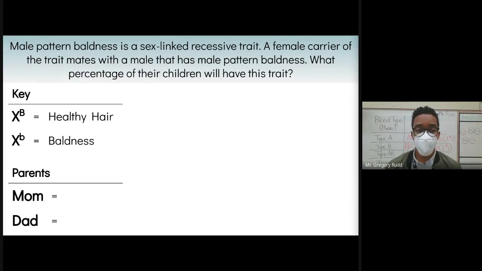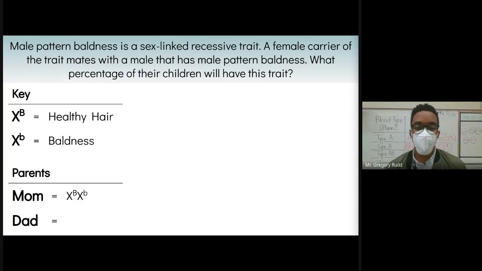We've got a female carrier. So what is the genotype for a carrier? And thank you, Melissa. What will be the genotype for a carrier? Thank you, Abigail. X capital B, X lowercase b.